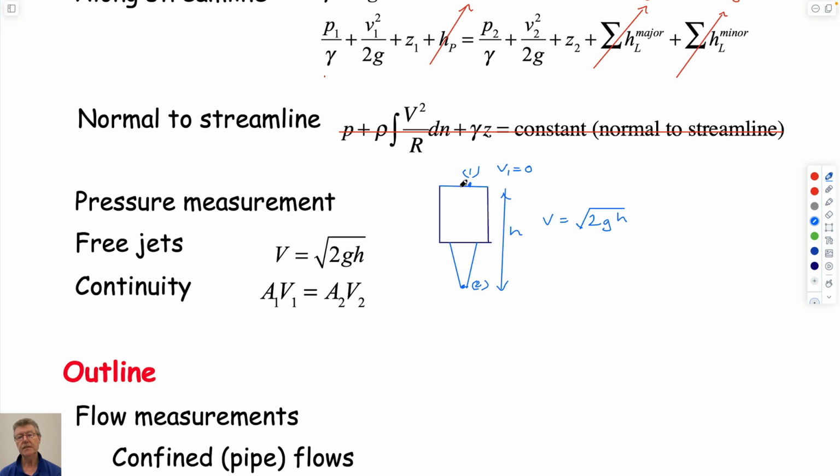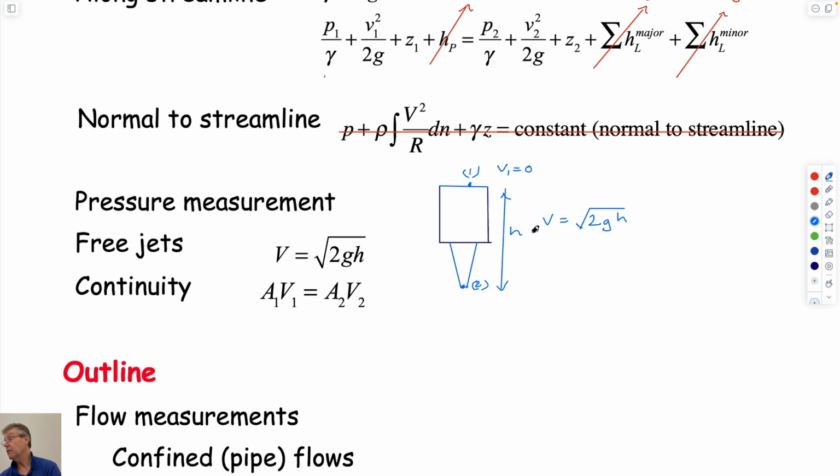But we know this is atmospheric pressure, this is atmospheric pressure. The pressures drop out, and you're left with a velocity term on one side and an elevation term on the other side, and this is what comes out of it. This is exactly the free fall expression: if you took a pen at point 1 and dropped it, then by the time you get to point 2, it would have the acceleration due to gravity.